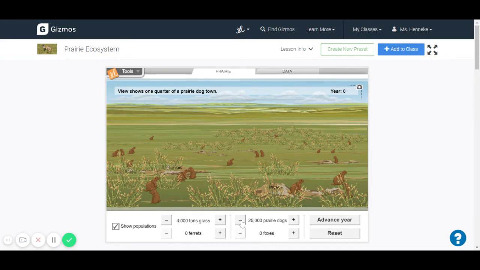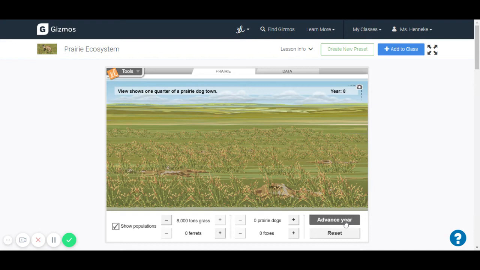And my prairie dogs have got to go. Now I'm going to advance the year to make it 20 years go by. Here we are 20 years later without any animals.